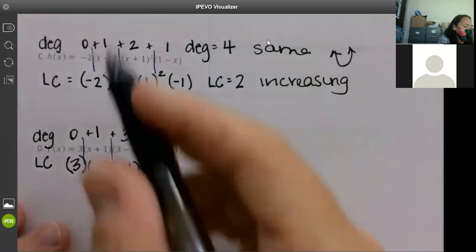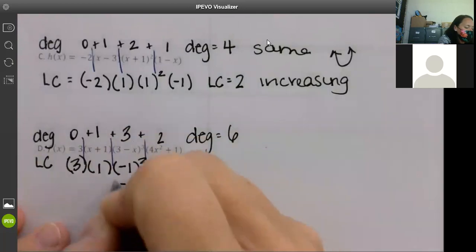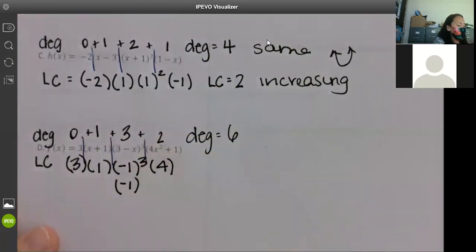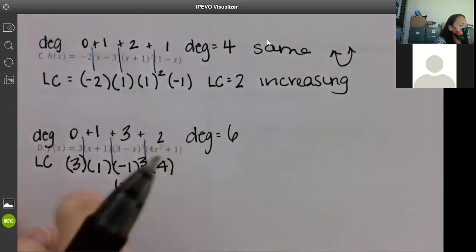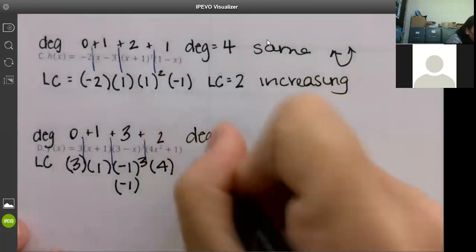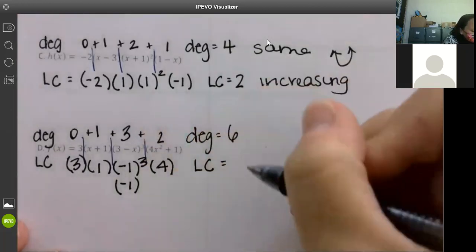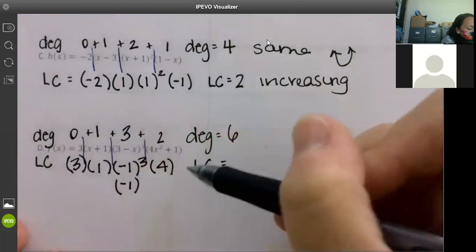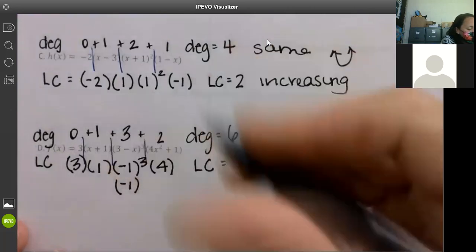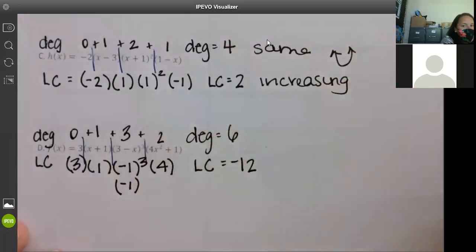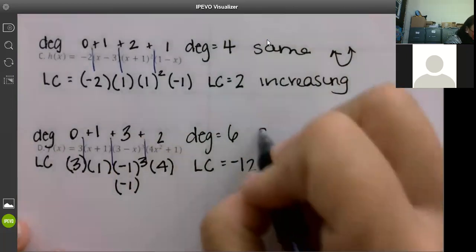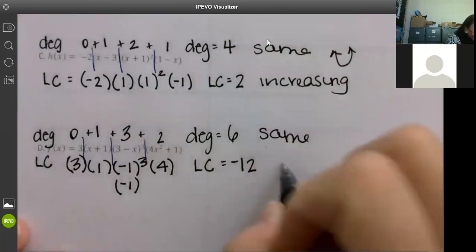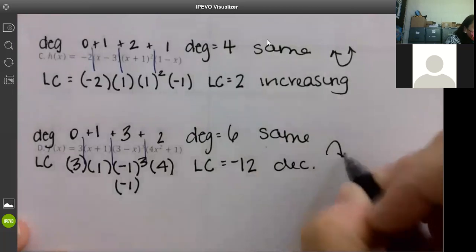This -1 cubed is still going to be -1. Okay, so 3 times 4 is 12, times -1 times 1 is -12. What's that tell you? Same, and decreasing. So it's going to look like this.